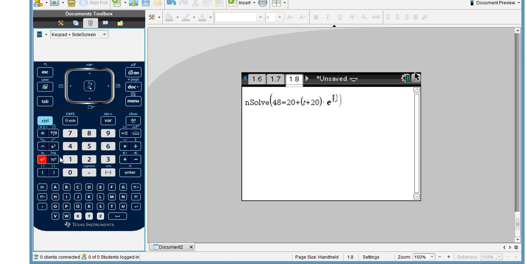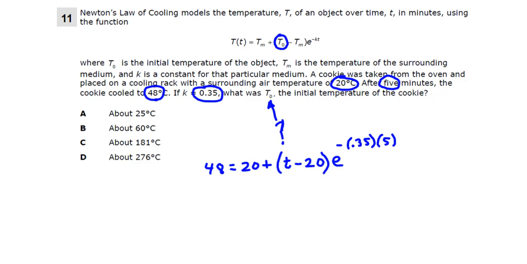This e to the x, e to the power of negative 0.35 for a value of k, and then over here times our value of t, which is 5 minutes. And then we come out here and we can put comma t, since t is what we're trying to solve for, and we get this thing here, 141, and I guess that's degrees, so that's t sub 0, right?